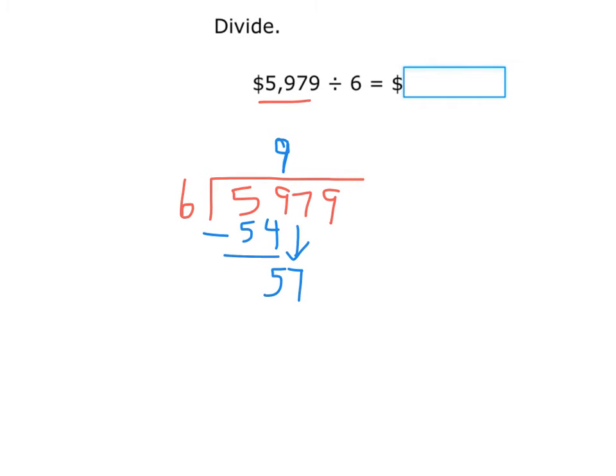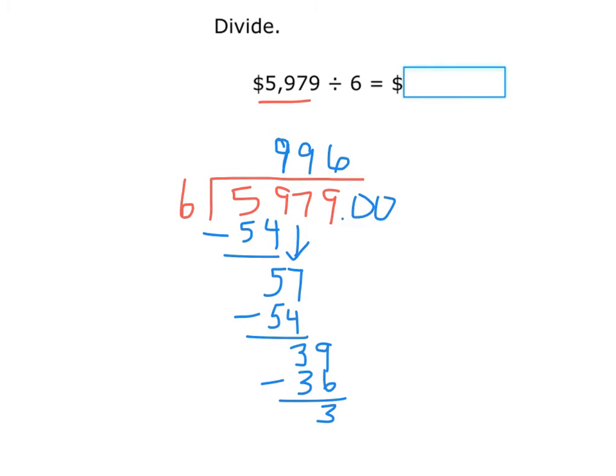So again, 6 goes into 57. We can use 9 again because that's still 54. 7 minus 4, 3. 6 goes into 39 6 times, which would be 36. I'm left with 3. So this is money, so I need to put 2 more zeros on here. Bring the decimal straight up.